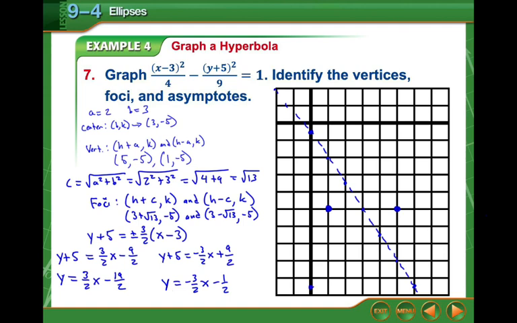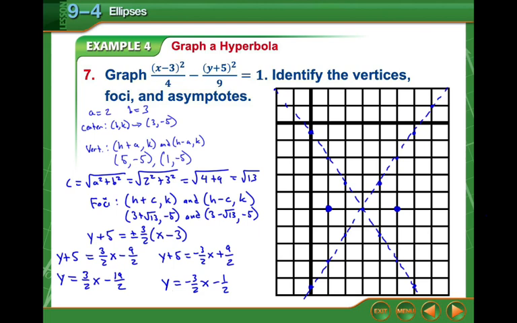And our slope is 3/2, so positive. So here is our other asymptote.